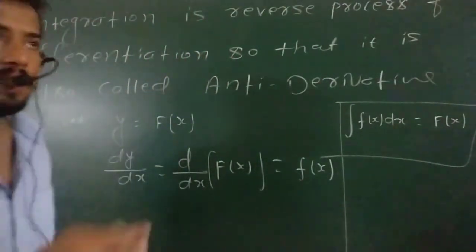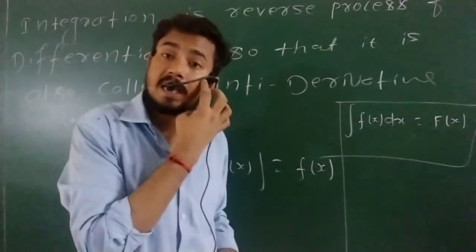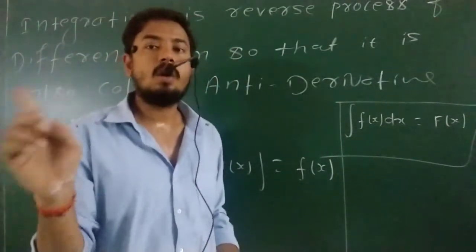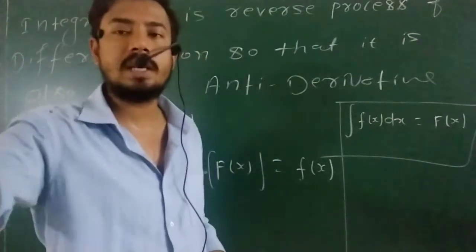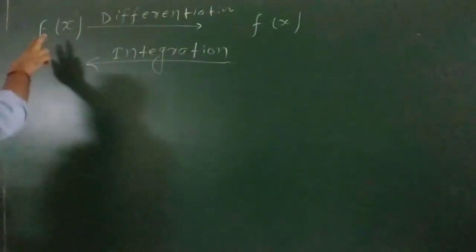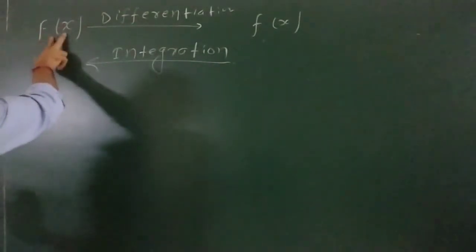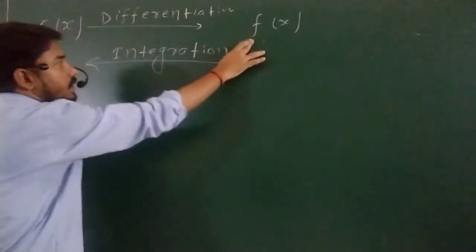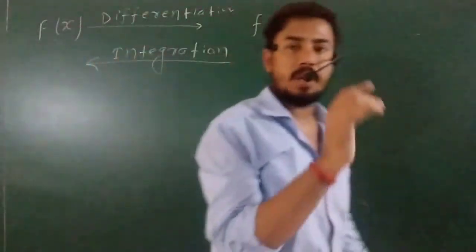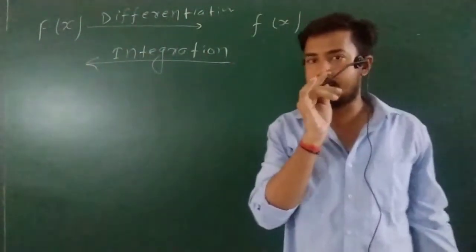It means anything you got from differentiation, if you use integration, you will get the original function, the original mathematical equation. We can remember it like this: differentiation of capital F of x is small f of x. Integration of small f of x should be capital F of x.